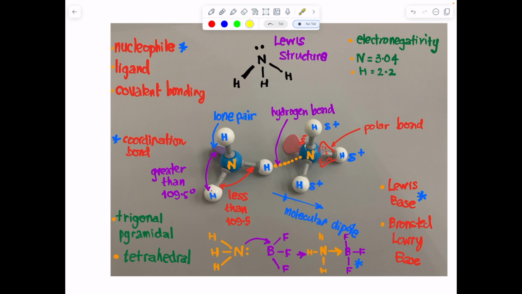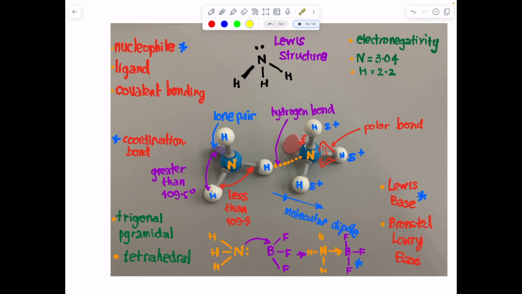But if we were to disregard the lone pair and then consider what molecular geometry or shape we would have, that is described as trigonal pyramidal. And that is the molecular geometry of the ammonia molecule. Its electron domain geometry is tetrahedral. Here we have a lone pair.